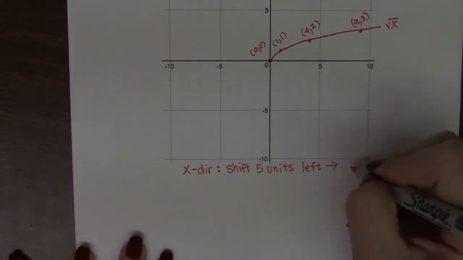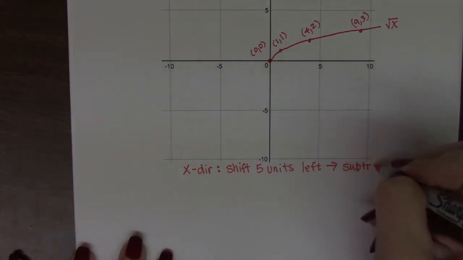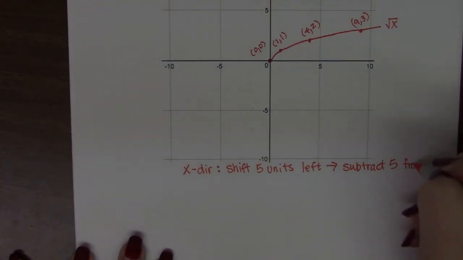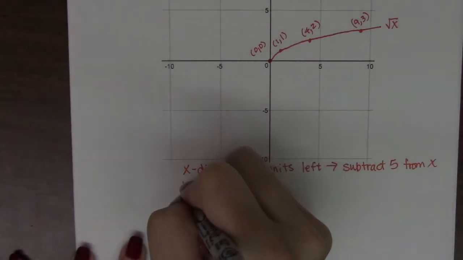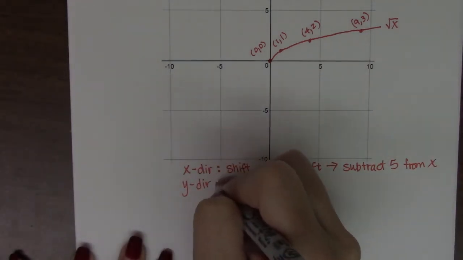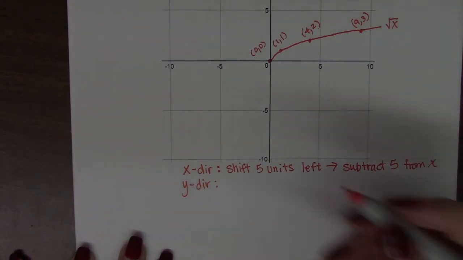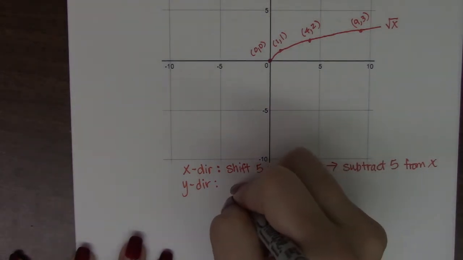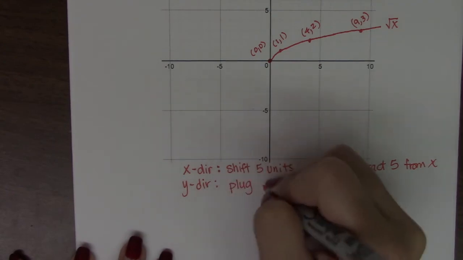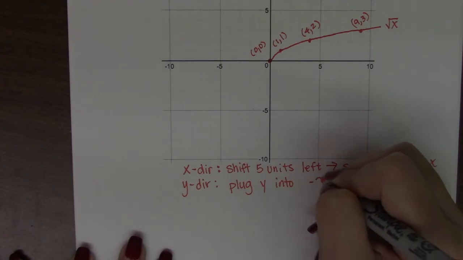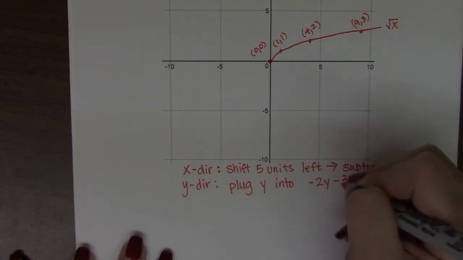So that means subtract 5 from my x values. In the y direction, we multiplied by -2 and then subtracted 3. So we can plug all the y values into -2y minus 3.